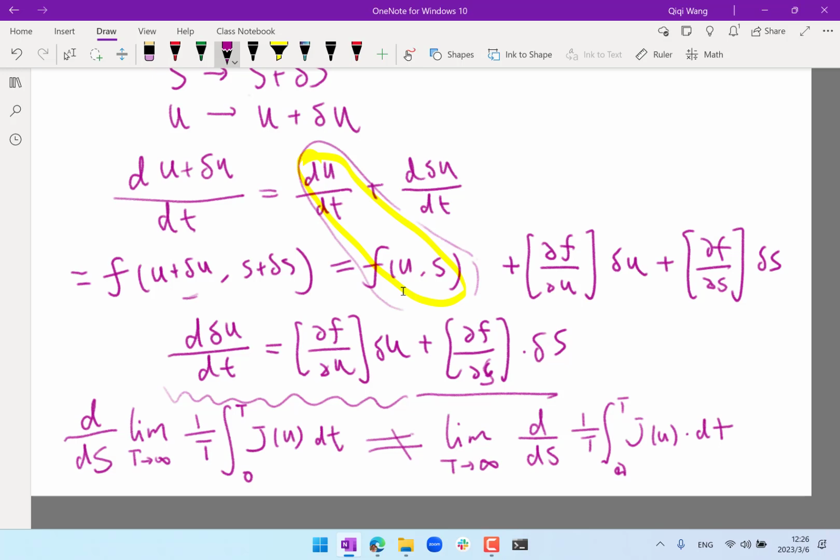As we're going to see in the next lecture, this limit actually doesn't exist at all. If you take the derivative of the finite time average, you're just going to see something that gets larger and larger, and it'll be something different from the well-defined derivative of this limit.